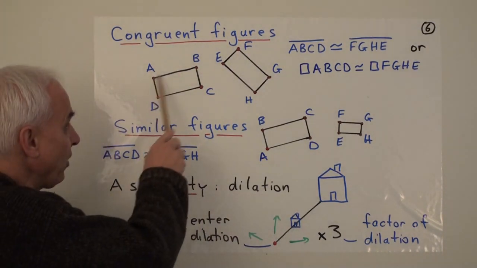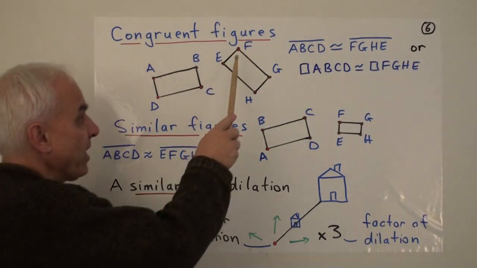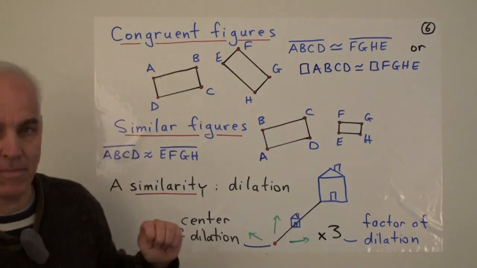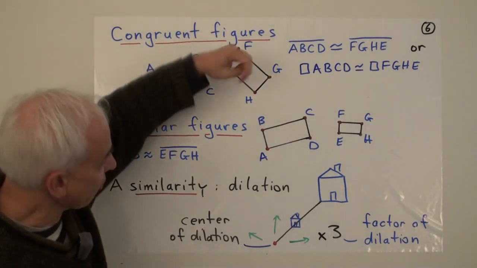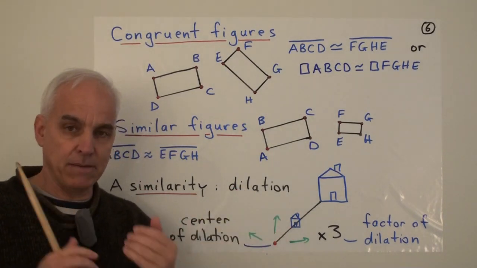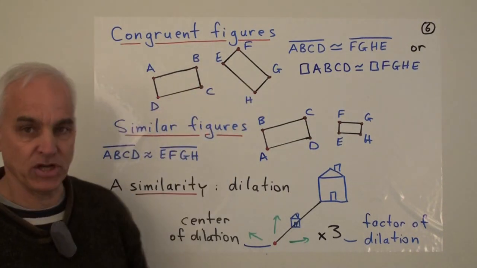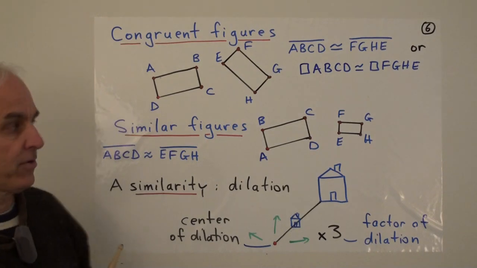So this rectangle ABCD and this rectangle FGHE look the same, except that one is moved, translated, and rotated, but the shapes are the same. They are the same size, and they have the same shape. They're just in different positions. So we say these are congruent figures.